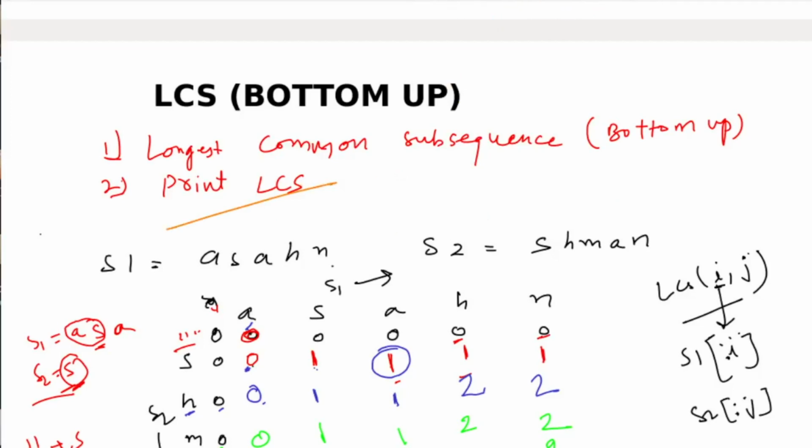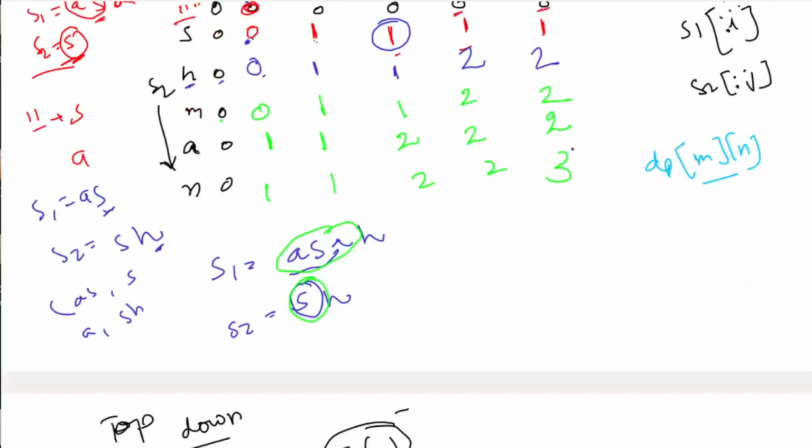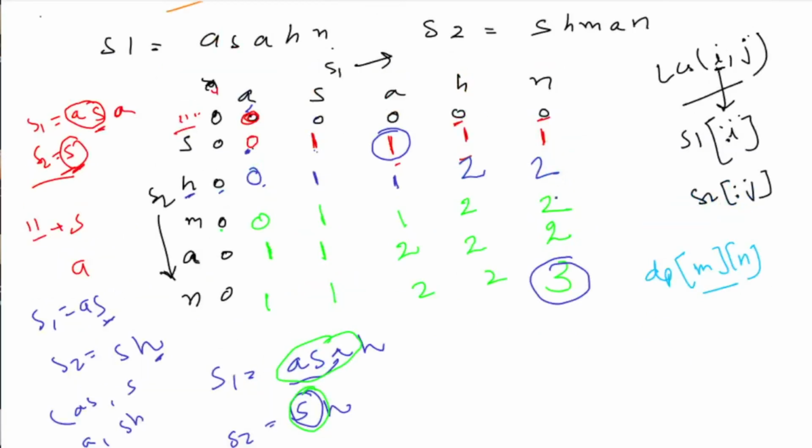So let's say we start from here. You can see that it is not equal to maximum of these two, but it is equal to 1 plus this diagonal character. That is, we have included just n right now.